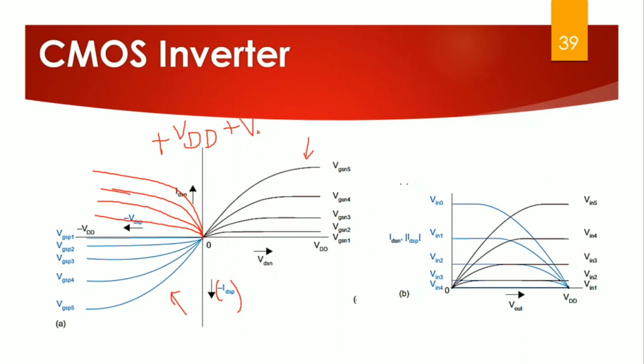If I add plus VDD, this point will shift to VDD. 0 plus VDD is VDD. So the origin will shift here, and you will get the graphs like this. Okay. So that is what they have shown here.